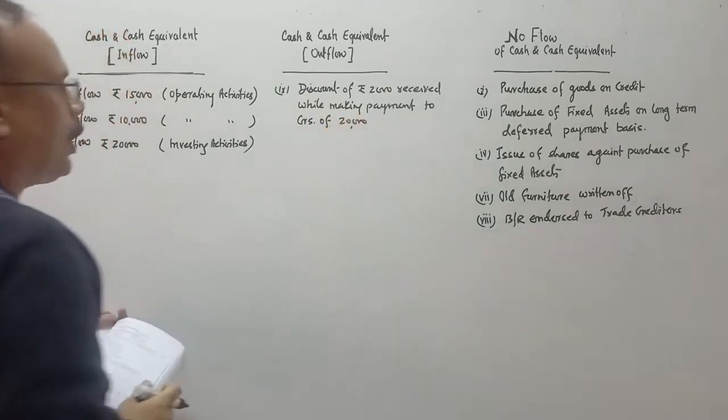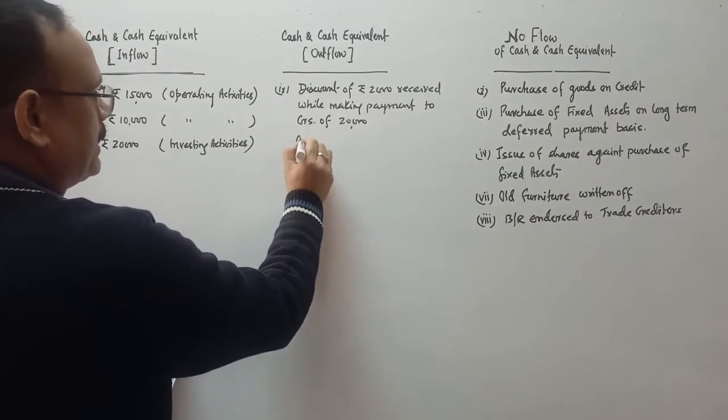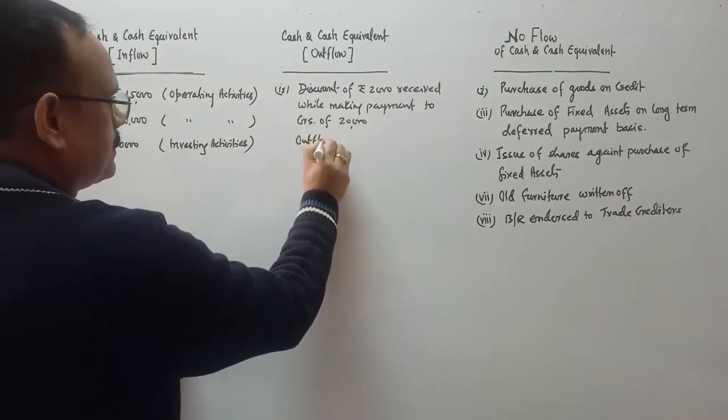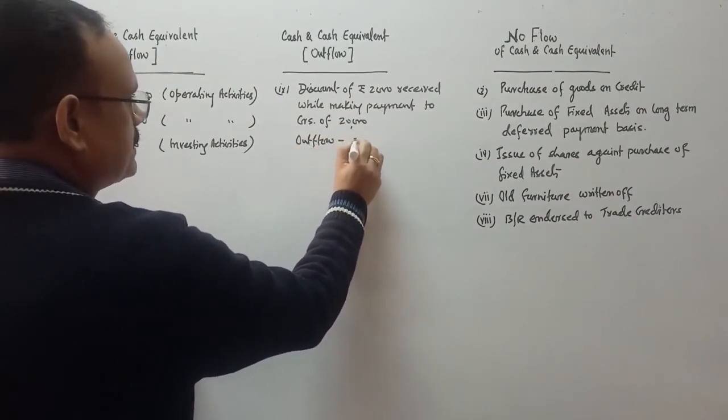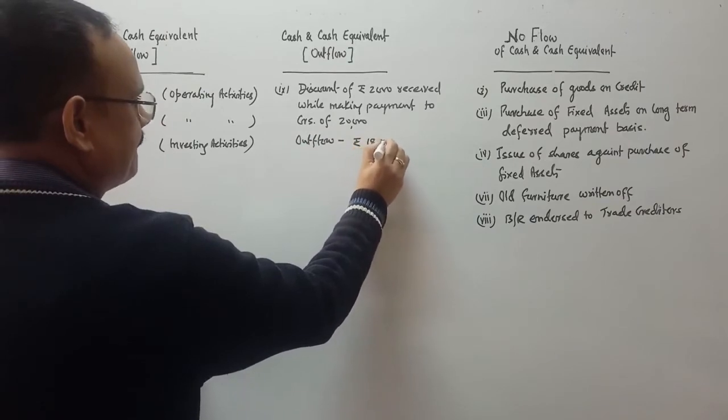It means the outflow is how much? Here the outflow is rupees 18,000.